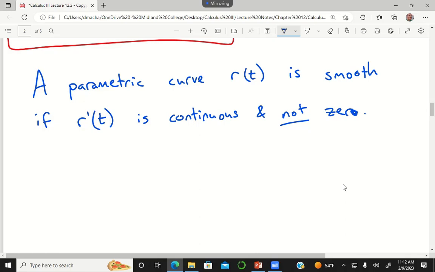So remember, r of t is like a vector, so whenever I say 0, I just mean it's not the 0 vector. So by 0, what I mean is as long as it's not equal to 0i plus 0j plus 0k.